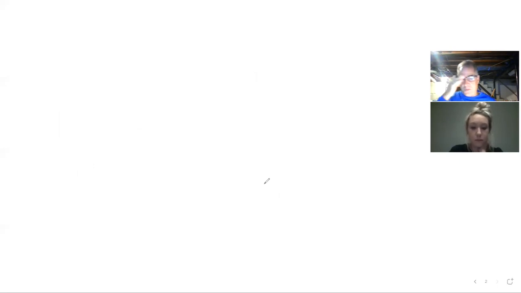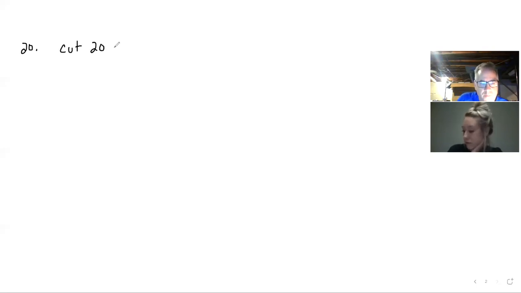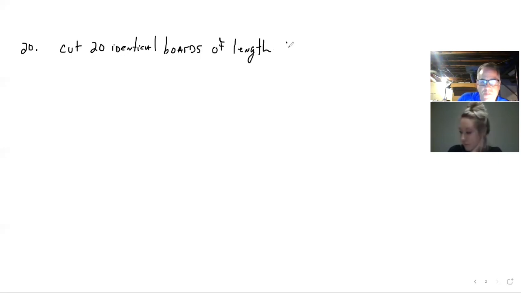So let's suppose, in this case, this is number 20. We want to cut 20 identical boards, and we want the length of these boards to be 8 feet.